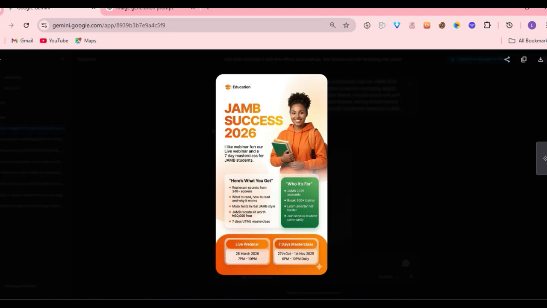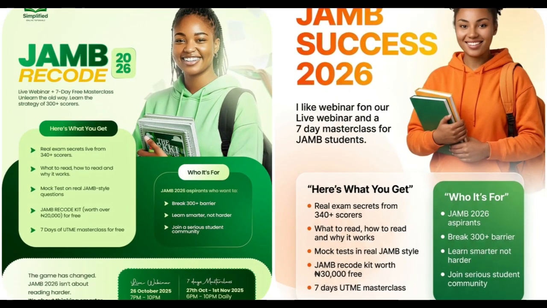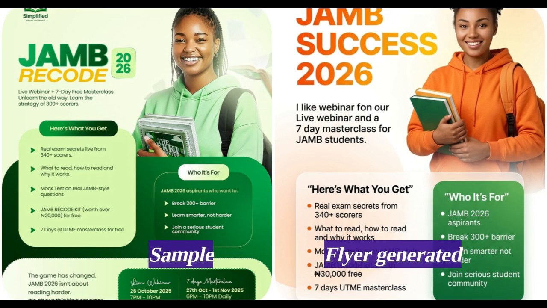You can also have a concept, go to ChatGPT, ask it to give you the concept of the design depending on what you want, and then come to Gemini and put in your prompts, and you have something entirely different created for you.